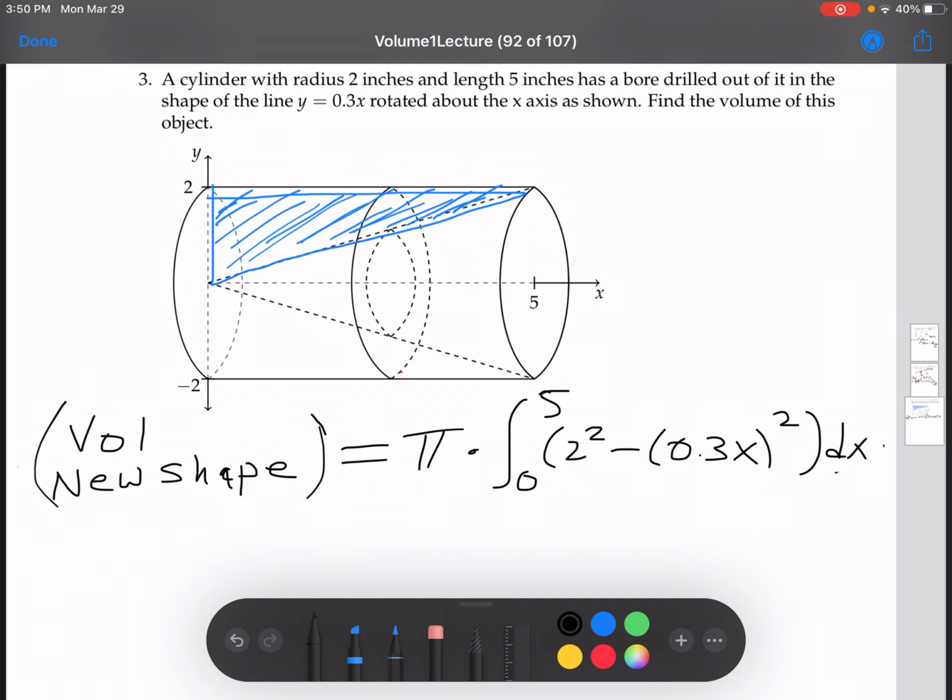And now what I want you to notice is that this is the outer radius. And this is the inner radius.